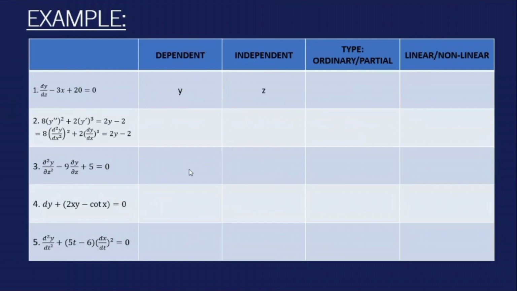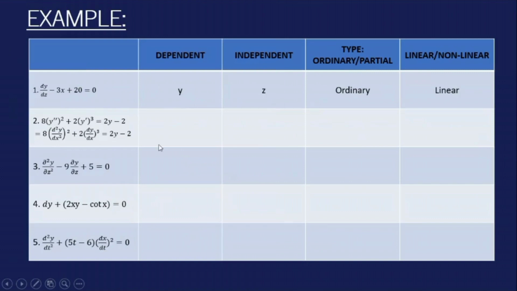The type of differential equation is ordinary. Why ordinary? Because the independent variable is only z, only one variable. It is linear because it is only in the first degree.